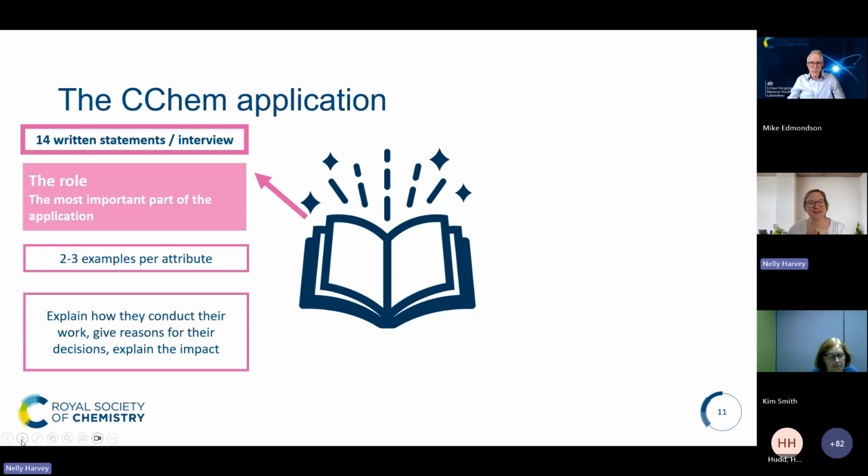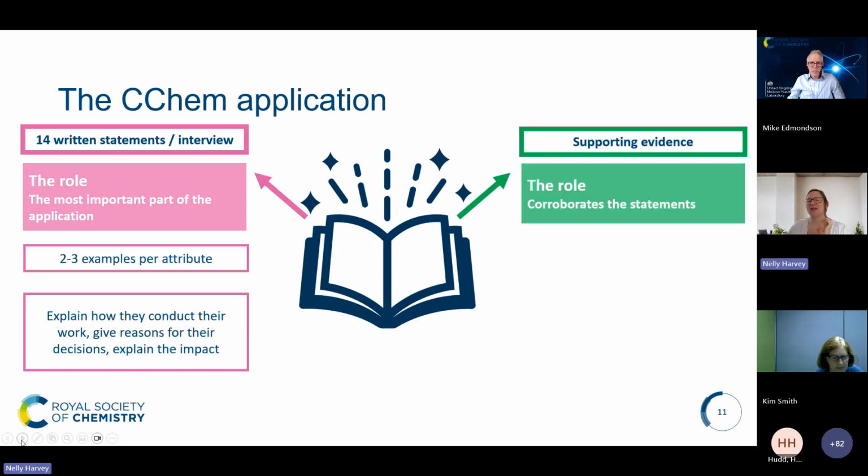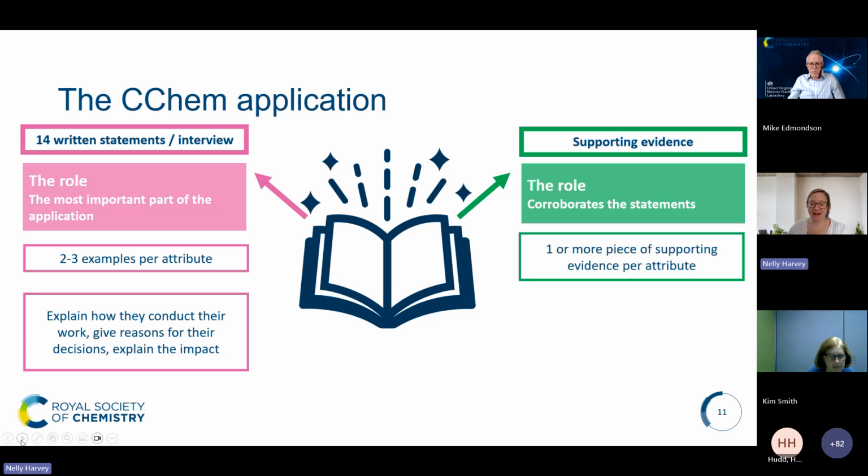On the other side of the book here, for your application, we've got the supporting evidence. So the statements is the most important thing, but then close second will be the supporting evidence, which is a combination of your primary evidence portfolio, which we'll cover in the second session of this series, and also mentor comments.